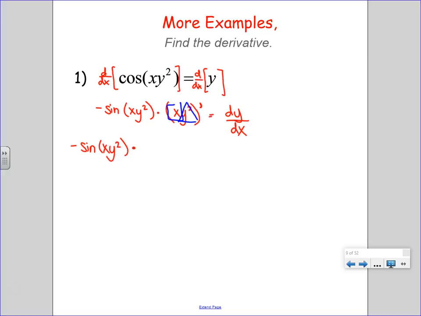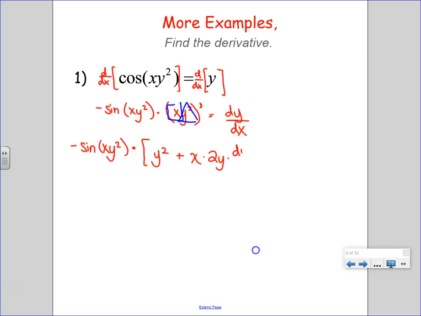I already dealt with him. Times product rule. I'm putting a bracket because a product rule has an addition inside. I need to go ahead and group that whole thing or else I might get in trouble. Second d first, y squared times 1. It's just y squared. Plus first d second. X times 2y.